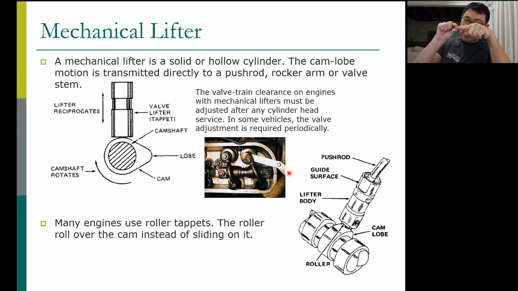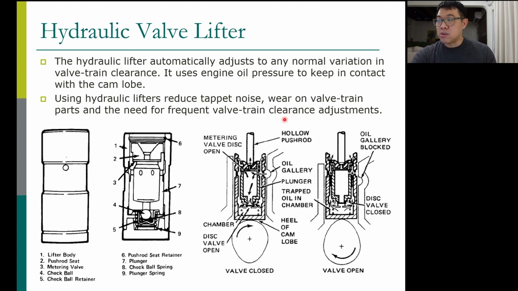So you insert the feeler gauge to check the clearance. The valve train clearance has to be adjusted after a while, for service. Not like a modern engine. In a modern engine, you don't have to adjust valve clearance. You don't have to open up the engine. You can continue using the engine, unless there's a problem with it.